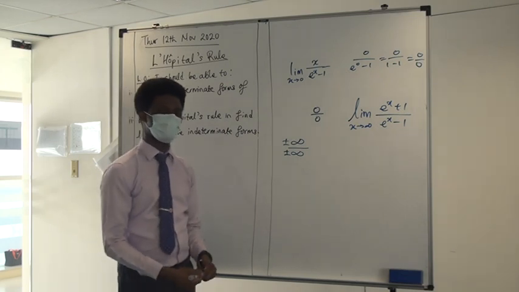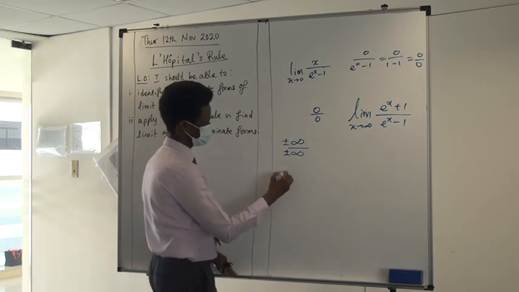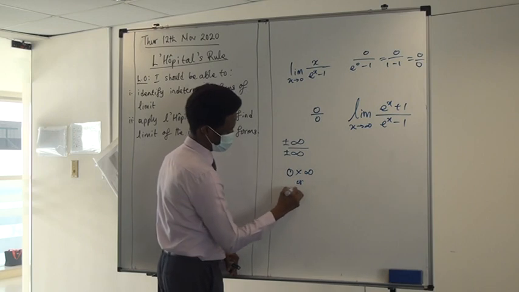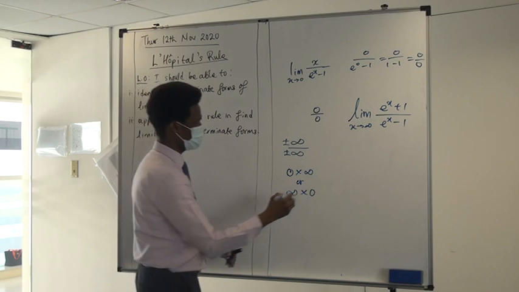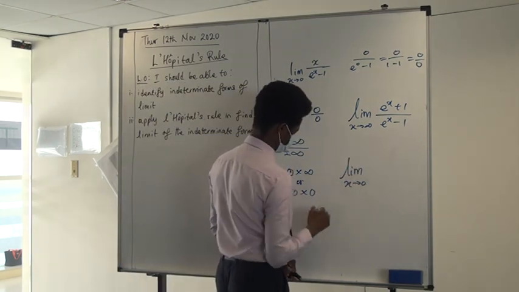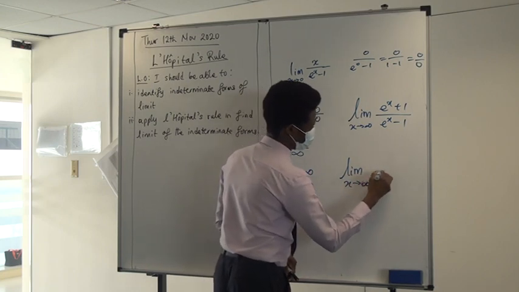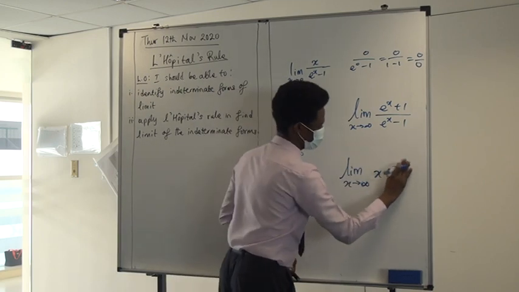The last is when you have a product of 0 and infinity. Take, for example, the last one looks like this, or it could be like this. It doesn't matter which one comes first. So for example, the limit as x tends to infinity of x exponential negative x, sorry.